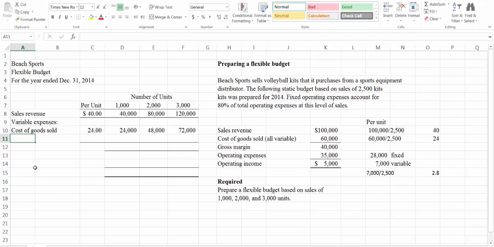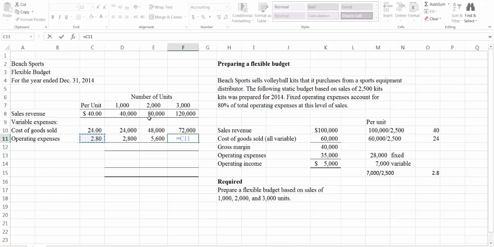Okay, our other variable expense is going to be the variable portion of our operating expenses. So let's put operating expenses here. And our operating expenses are $2.80 per unit. All right, same procedure. Let's take the $2.80, multiply it by 1,000 units, multiply it by 2,000, and then multiply it by 3,000.